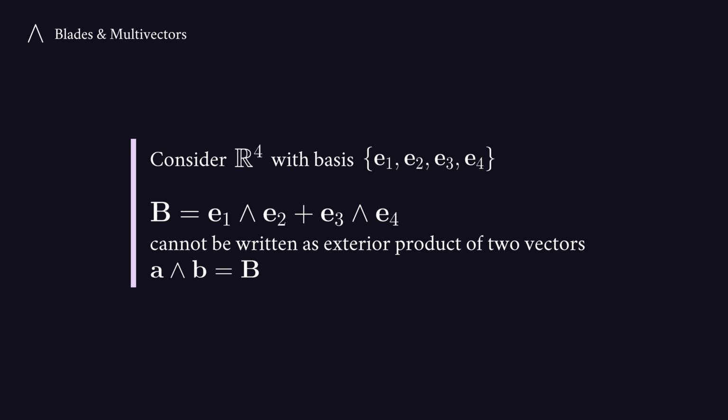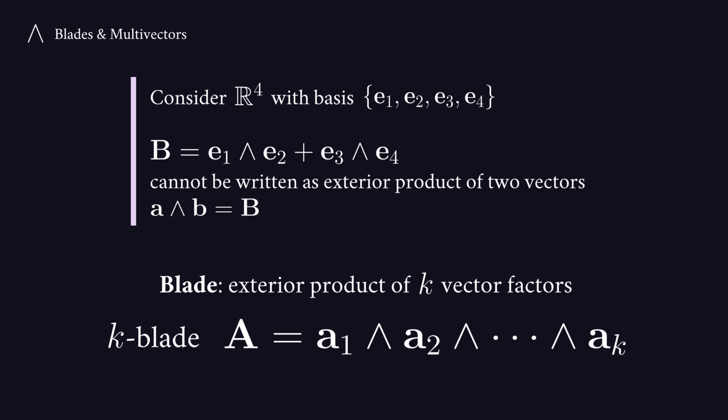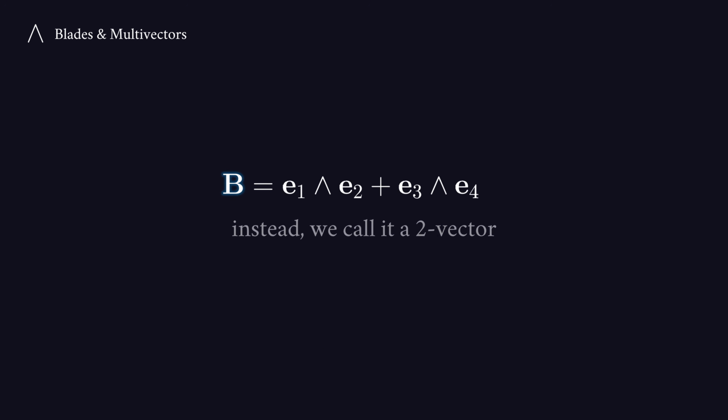But then, you might say, well, if a blade is defined as an exterior product of k vectors, and B cannot be written as such a product, then, well, it shouldn't be a k-blade at all, right? We cannot decompose it. So blades are not closed under addition. Instead, what we call B is a 2-vector.